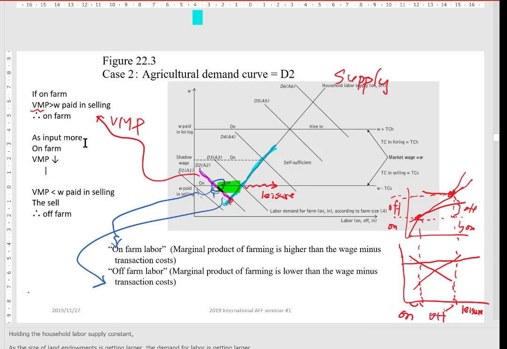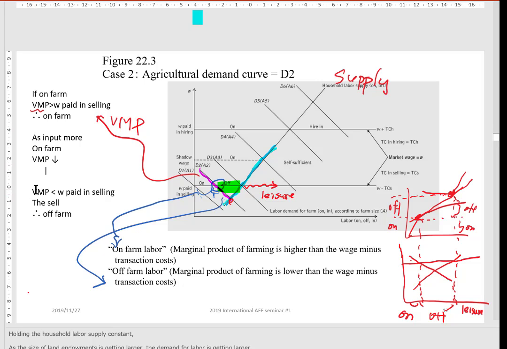As they input more on farm, the value of marginal product gets less and less, decreasing.